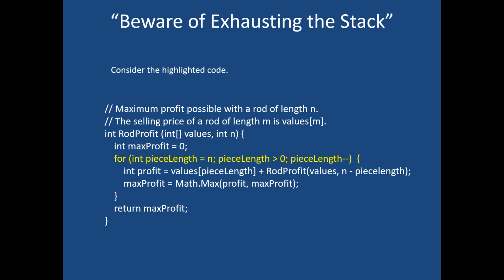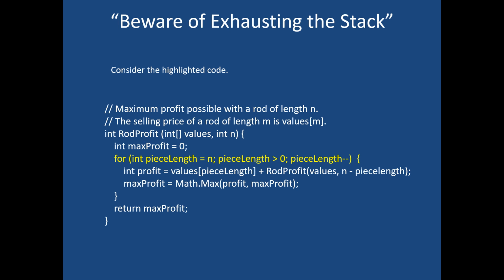Let's see. We start out with 30, and then the recursive call we're going to make is to compute rod profit of what? What will the first recursive call be?